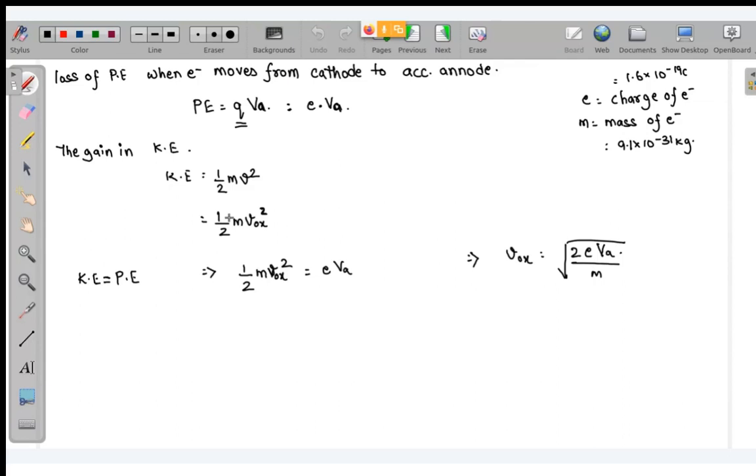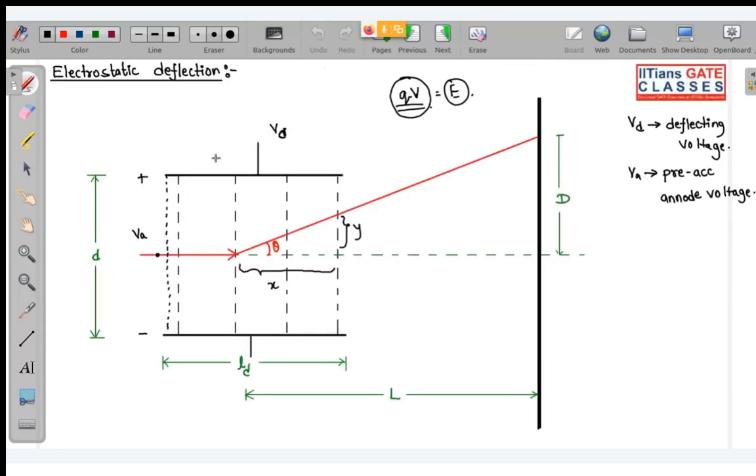Why should it change? Since it is moving forward? Tell me, is the potential energy going to change? Is VA going to change? At this point I am talking, from here to here, is VA going to change?